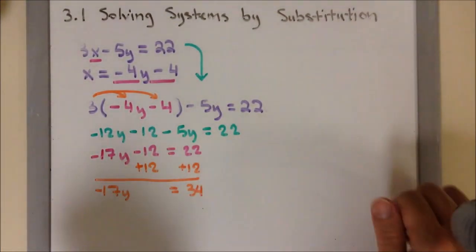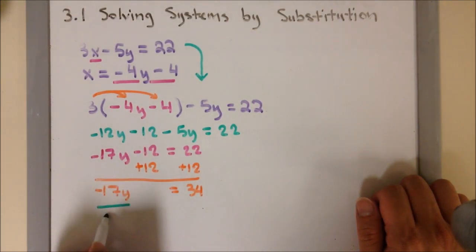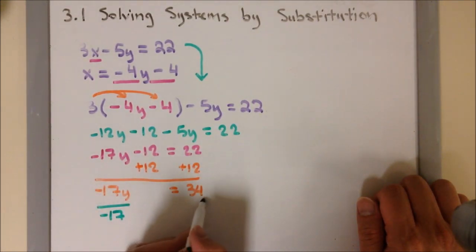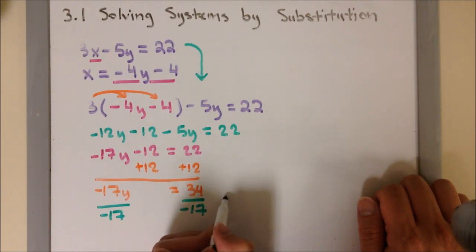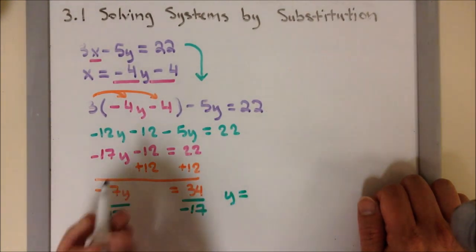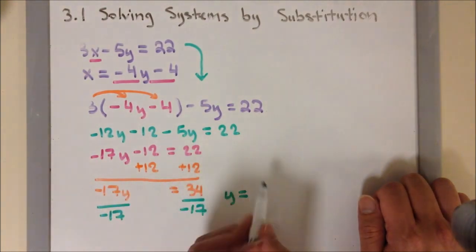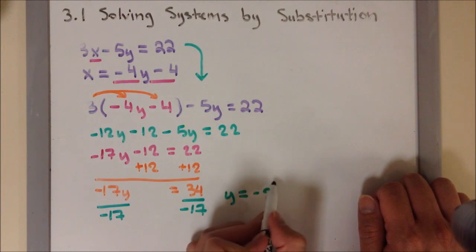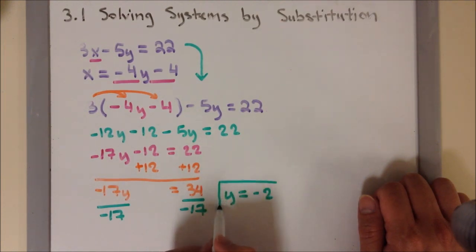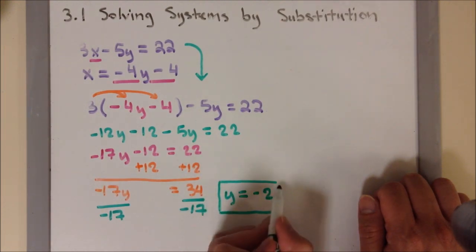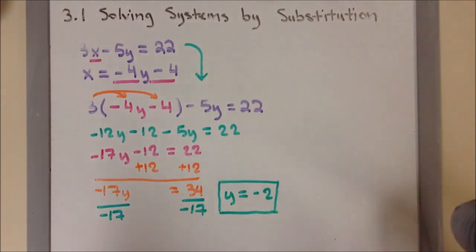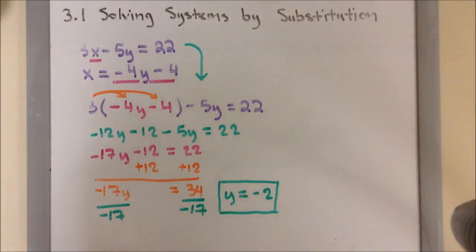And in order to get y by itself, I'm going to divide the left by negative 17, the right by negative 17. So my answer for y is y equals 34 divided by negative 17. 17 is half of 34, so it's going to be negative 2. So there's our first solution.